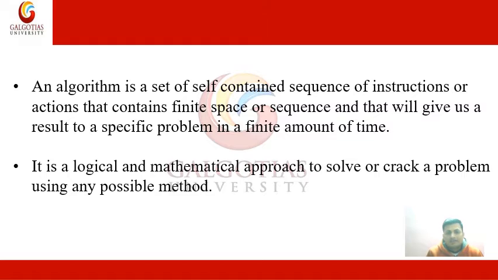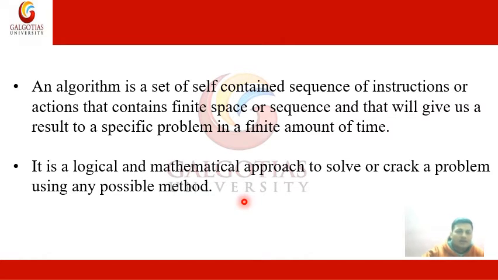An algorithm is a set of self-contained sequence of instructions, or a collection of steps that produces output after following some steps. Once we are at the starting step and we reach the final step, we are going from the problem domain to the solution domain, or from problem to solution.